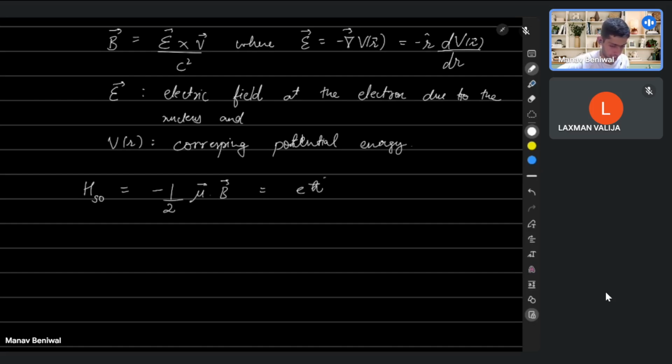So this will be e ħ² over 2 m_e² c² times (1/r) dV(r)/dr times S dot L. Where the angular momentum is given by ħL, and the magnetic moment mu, so here our mu we have taken as g_e ħ over 2m times S.